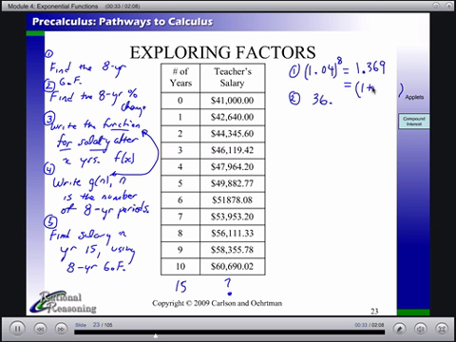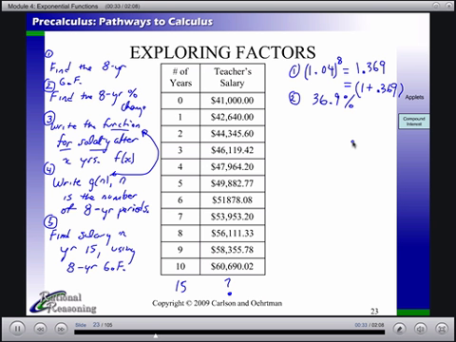In this case, it would be 1 plus 0.369. If it's 1 minus, you got decay, right? So 1 is always what you keep from before, and then plus either the percent increase or minus whatever the decrease is. So we got 36.9% increase every 8 years.